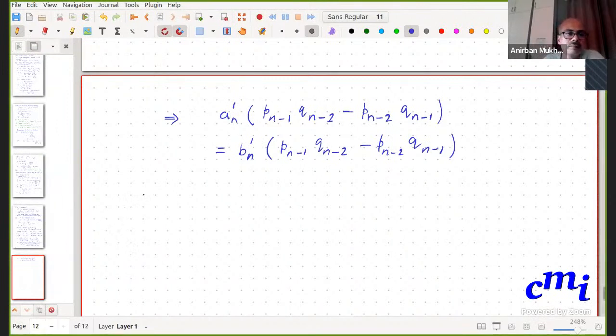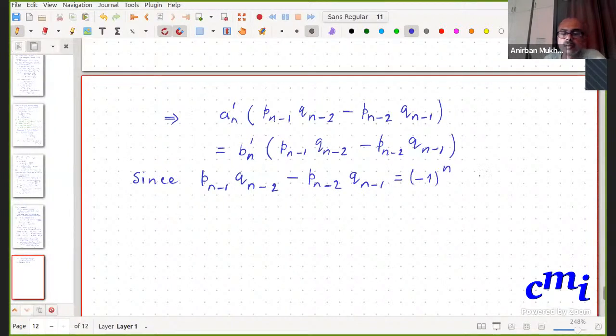It is so since it is minus 1 to the power n minus 1, pn-1 qn-2 minus pn-2 qn-1, minus 1 to the n, or even n minus 2.